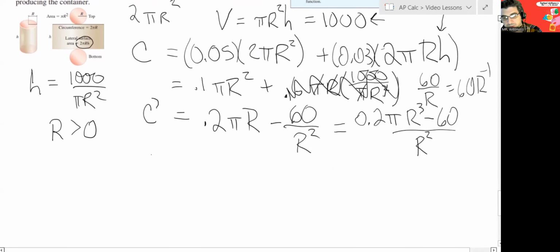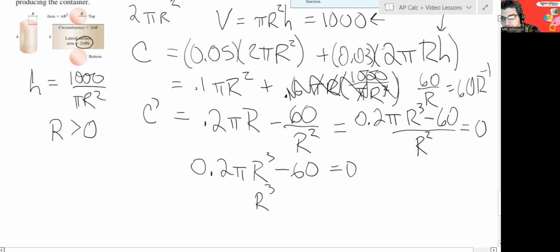So if I want to set C prime equal to 0, I've got to set this equal to 0. Notice it's undefined when r equals 0, which doesn't really help us out because that's not part of the domain anyway. So essentially, we need to set the numerator equal to 0: 0.2 pi r cubed minus 60 equals 0.